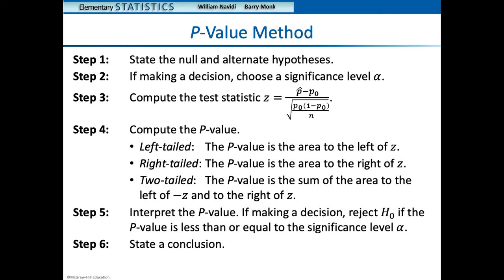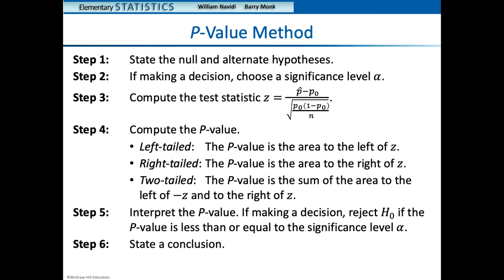Step 3, compute the test statistic, and the test statistic in this case is the formula for the z-score, specifically from the central limit theorem for the proportion. z equals p hat minus p0 divided by the square root of p0 times 1 minus p0 over n.